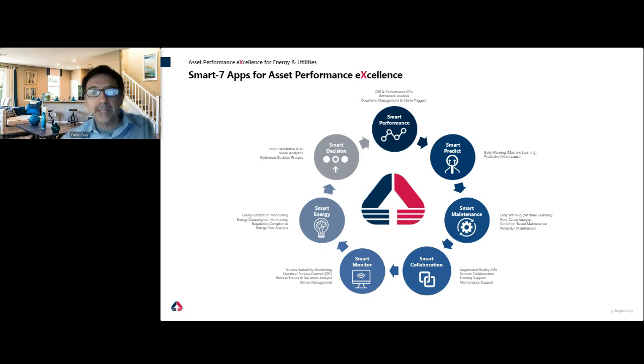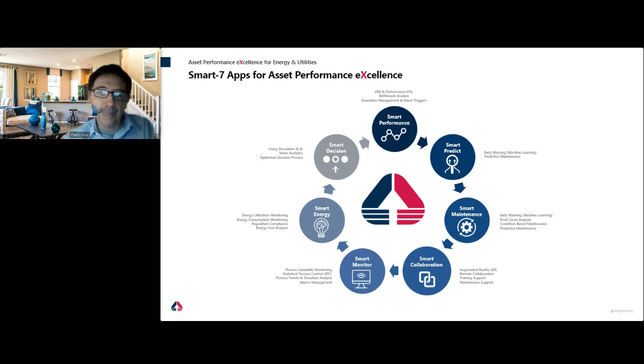There are technologies today that can support the maintenance process. This is Smart Maintenance, with root cause analysis and condition monitoring, also with tools of collaboration. We are now on the Smart Collaboration side, where we use augmented reality for training or for supporting the maintenance operation in order to optimize it.